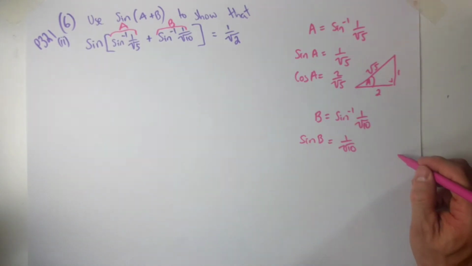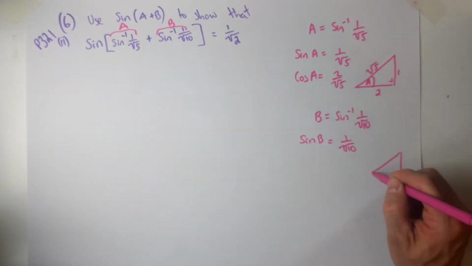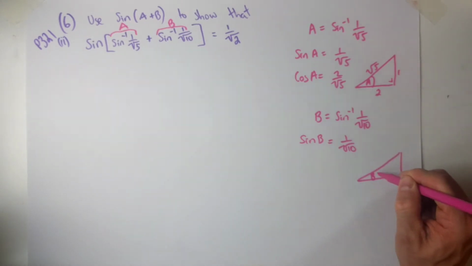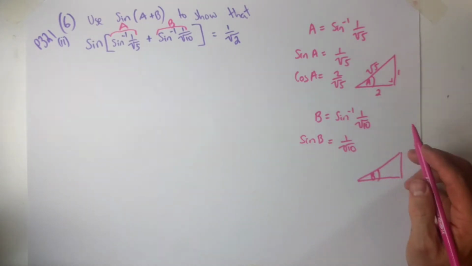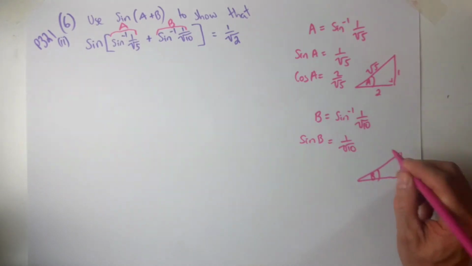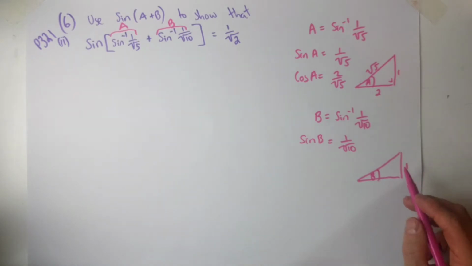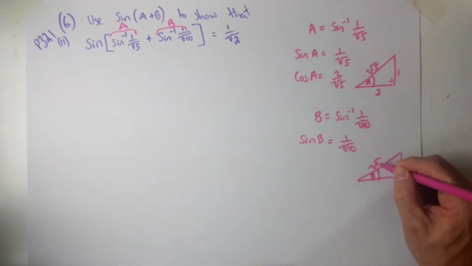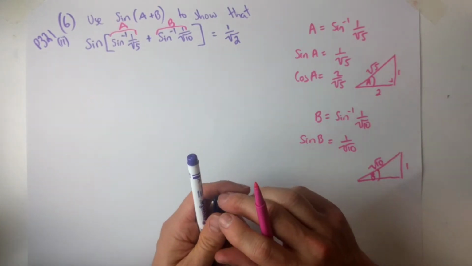That allows you to construct a right angle triangle where B is your angle. Your opposite side is going to be the 1, because sine is opposite over hypotenuse, so the hypotenuse there is going to be the square root of 10.